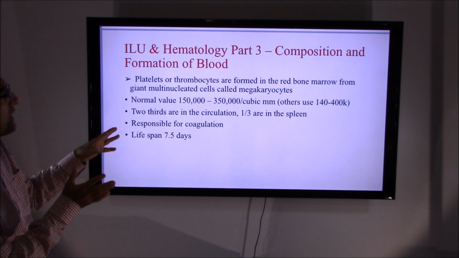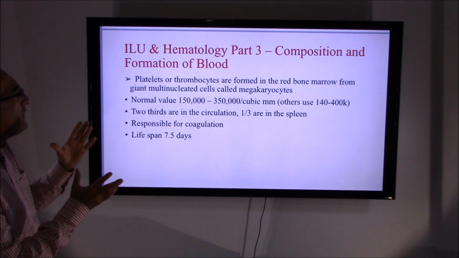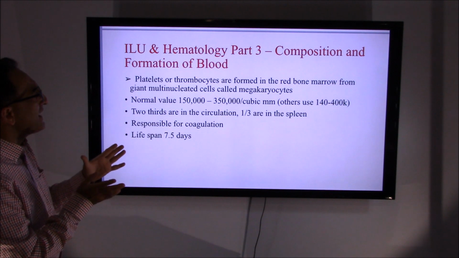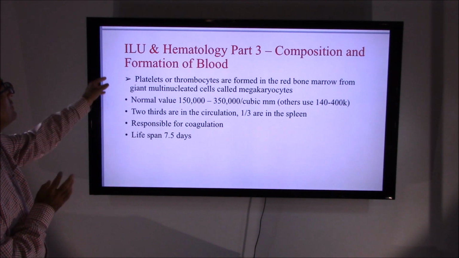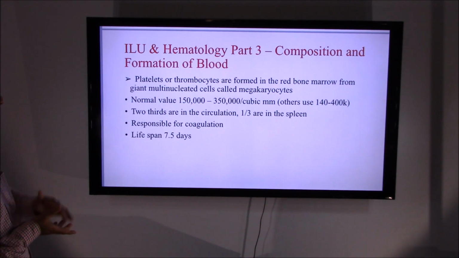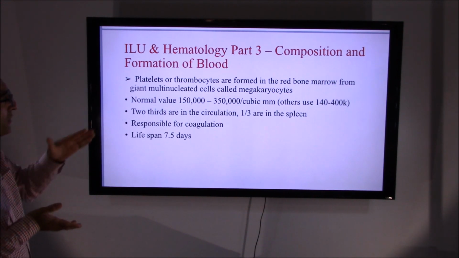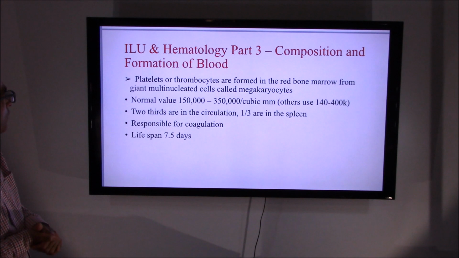A megakaryocyte is a big cell, and when you break it down into 4, 5, 6 pieces, it turns into what we call thrombocytes or platelets. They are formed in the red bone marrow from the giant megakaryocytes.